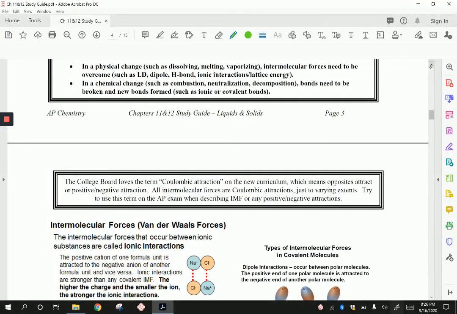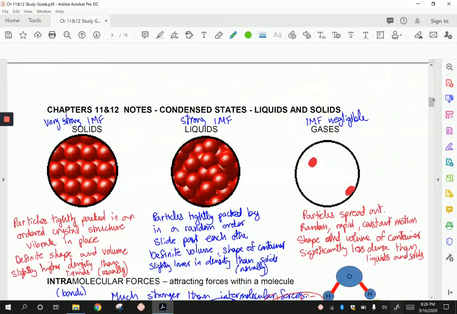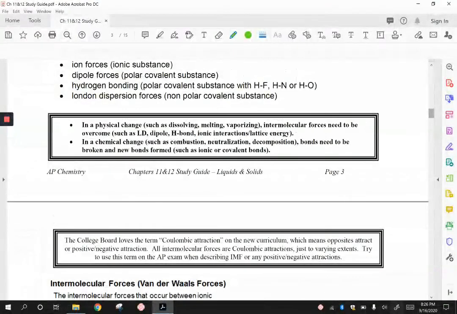And before we do that, I want you to take a look at these boxes that I have here. Remember, if it's in a box, that means it's important. So just a reminder that if you have a physical change, like when you dissolve something, when you melt something, when you vaporize it, you're overcoming these intermolecular forces between the molecules, right? Which is kind of weak, so you need just a physical change.